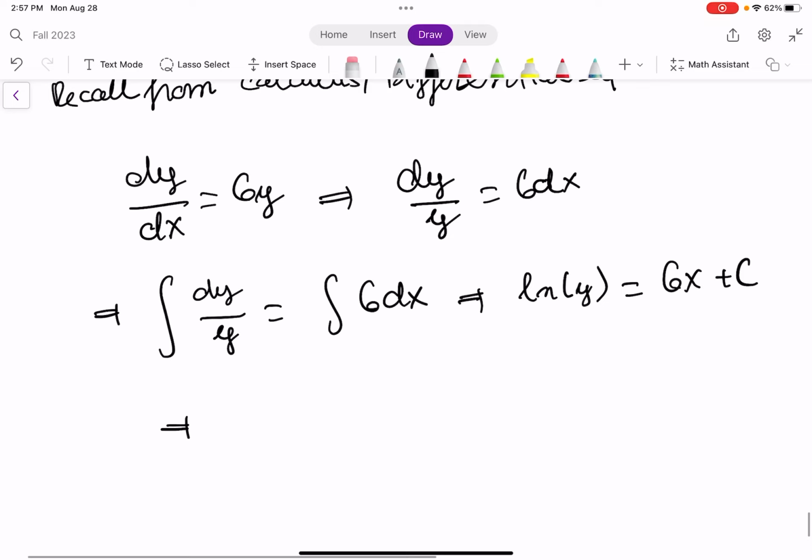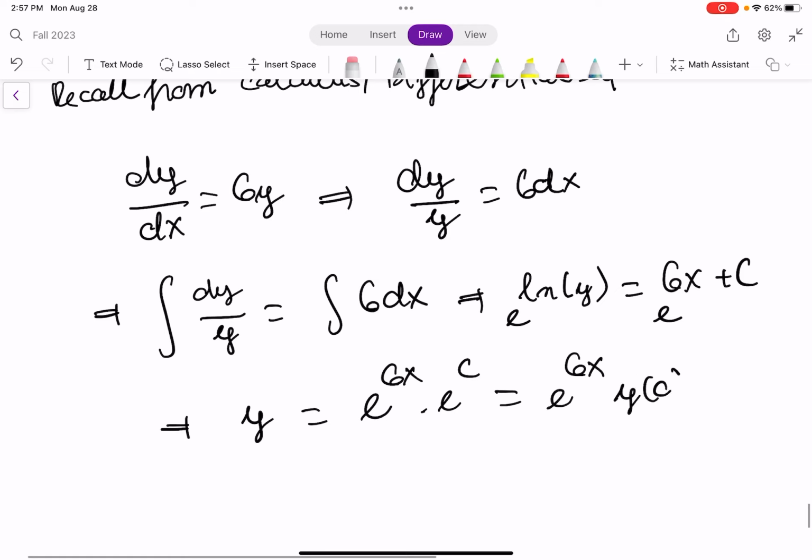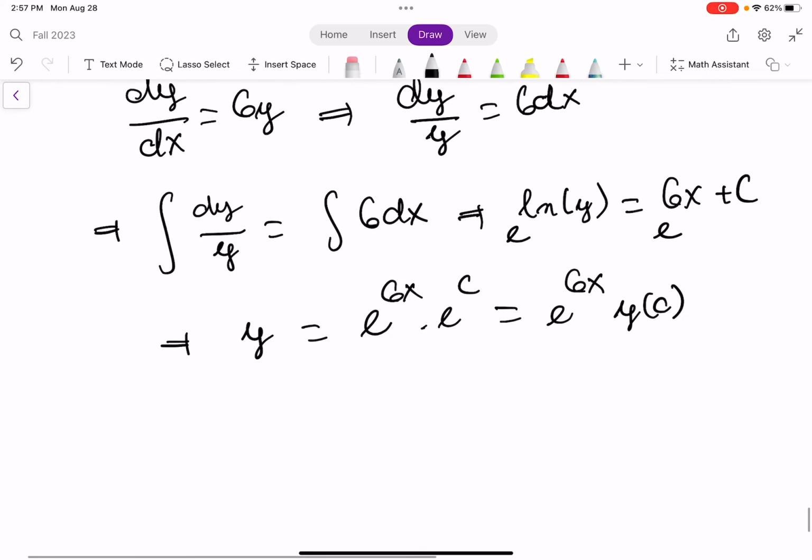So you get y, if you exponentiate both sides, equals e to the power 6x times e to the power c, or in other words, e to the power 6x times y0. Okay? So similarly, you can do the same for a matrix.